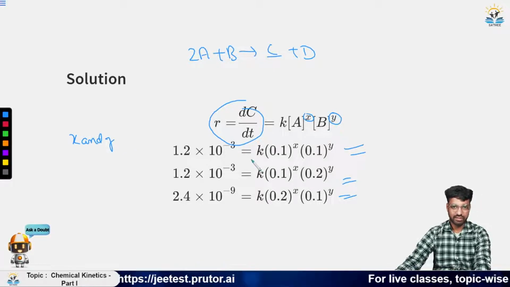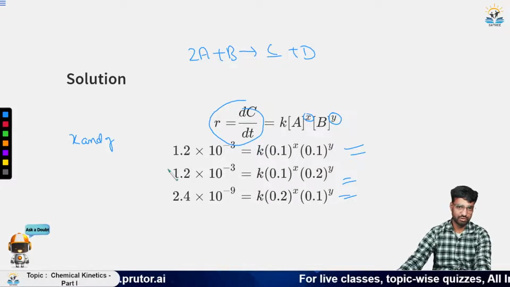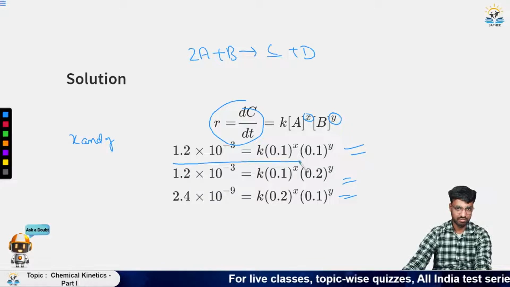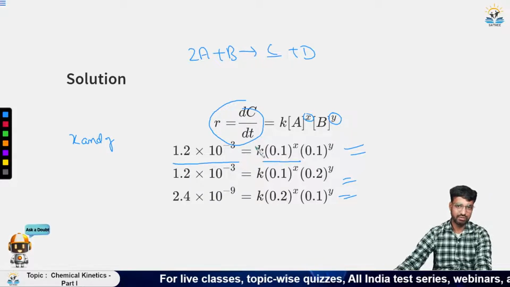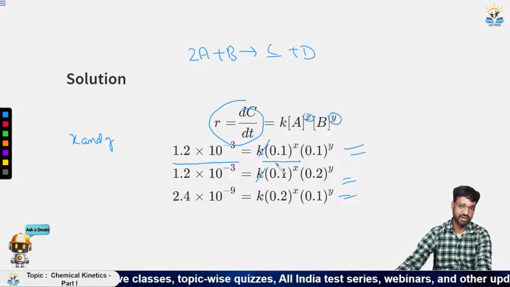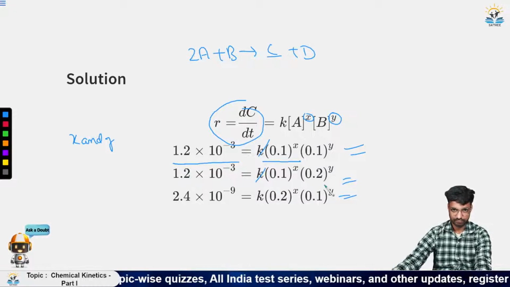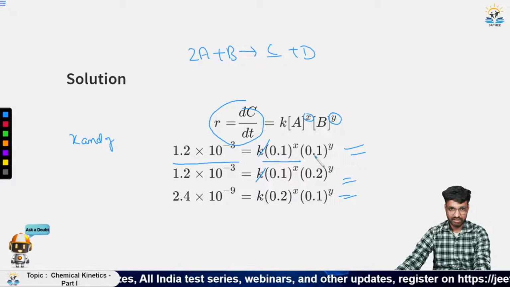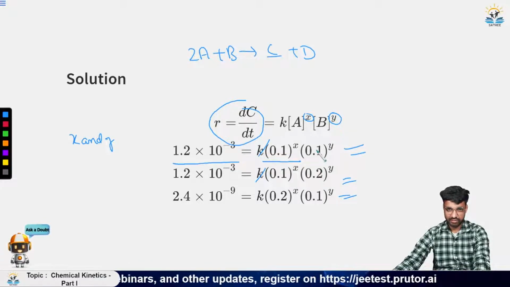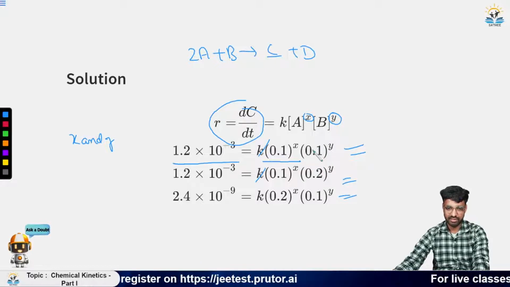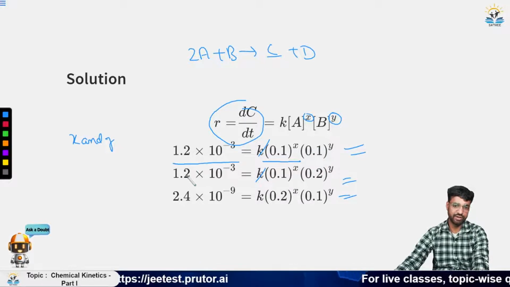So we can solve this by taking any equation. Suppose we divide this equation by this. What we get is that k and k cancel each other. You can see very clearly that we are increasing the concentration of B by 2. If you multiply the concentration of B by 2, there is no effect on the rate of reaction.